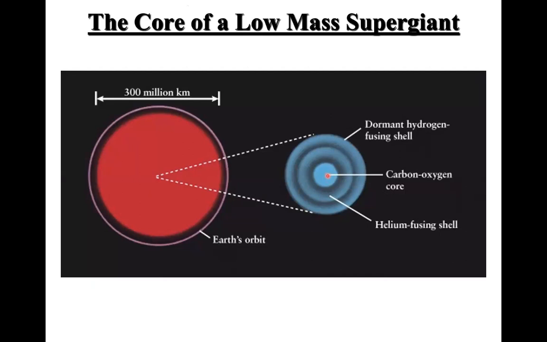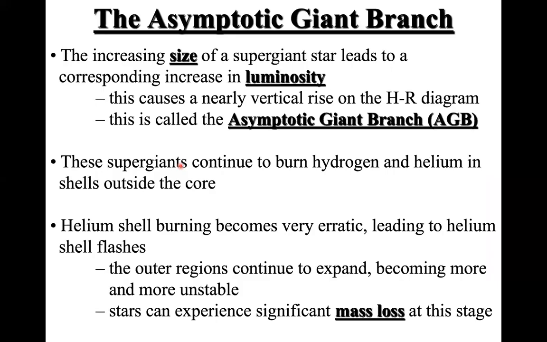As I told you, we mainly say that we have carbon, but there may be some oxygen as well, because both these processes can happen. And then you have a helium fusing shell outside, and then you have a hydrogen shell in the outer region, right?